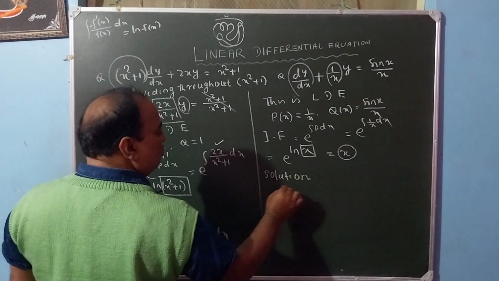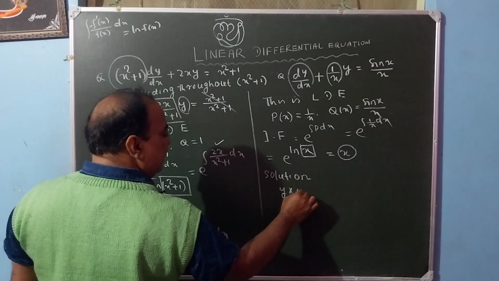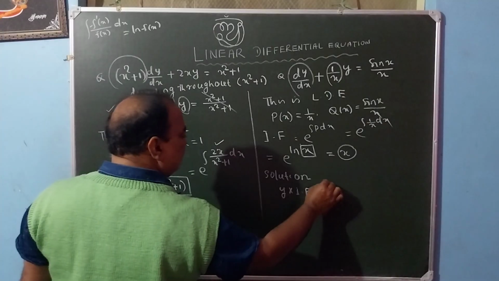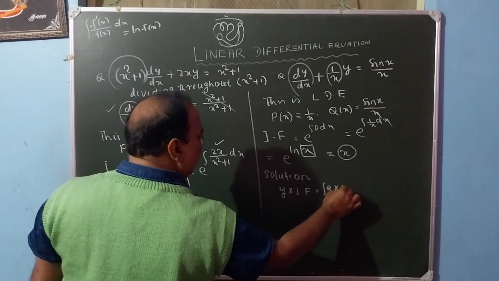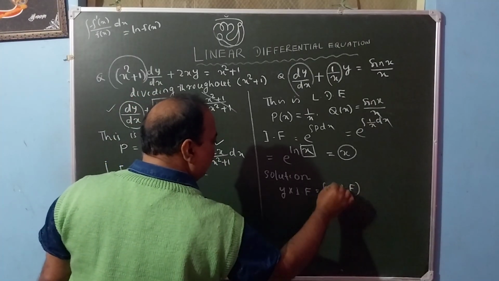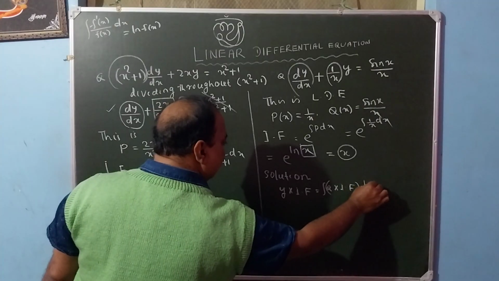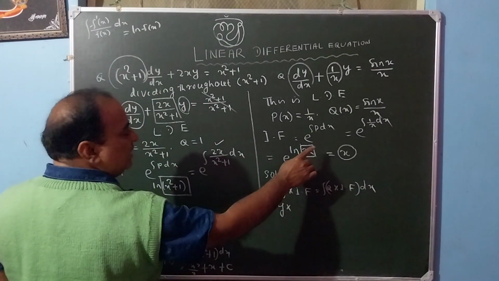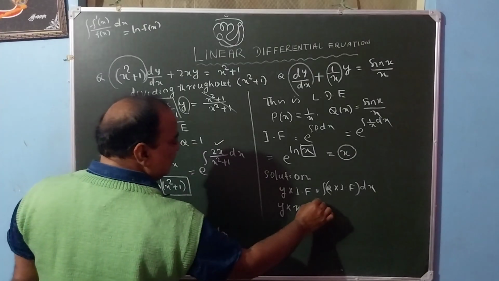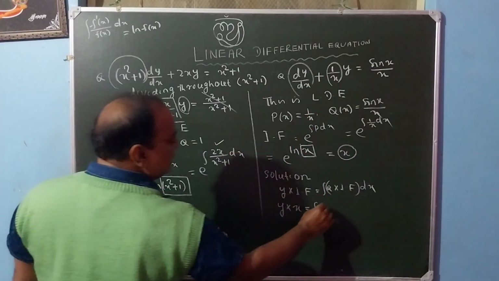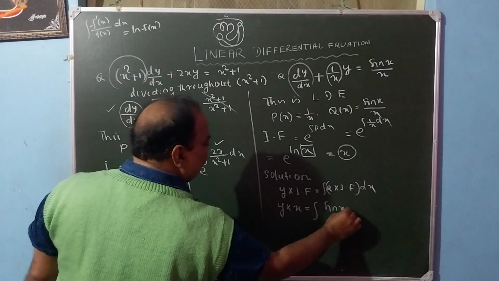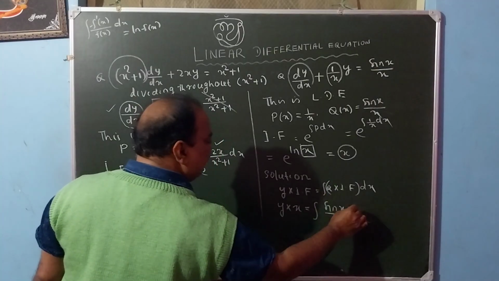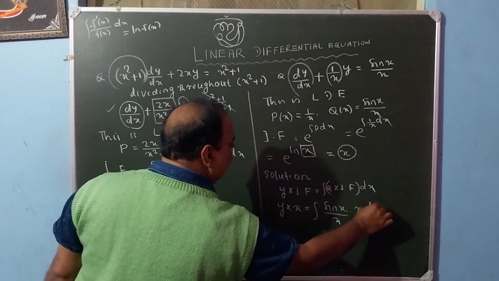Solution: y into integrating factor is equal to integral of Q into integrating factor, whole into dx. So y into x, Q means sin x by x, into integrating factor x into dx.